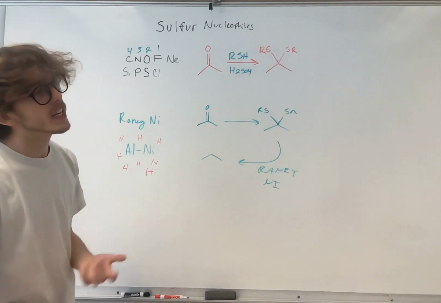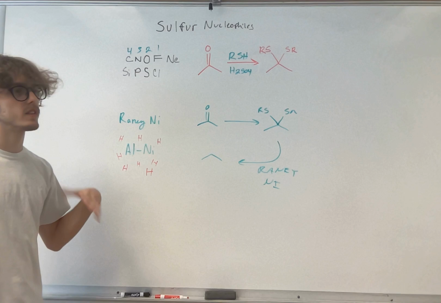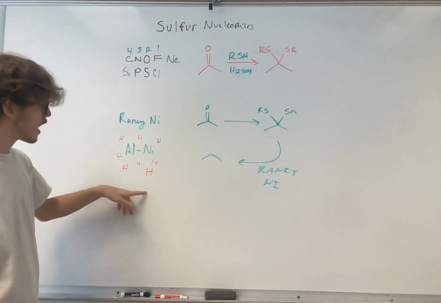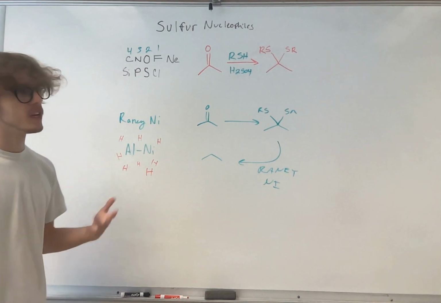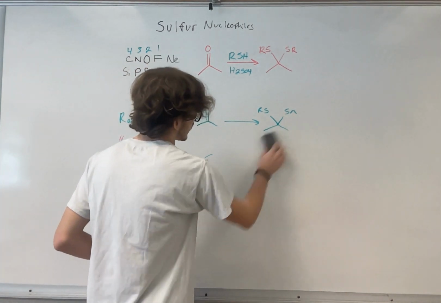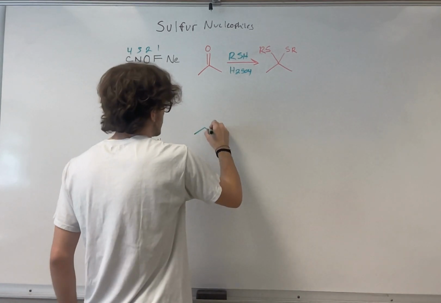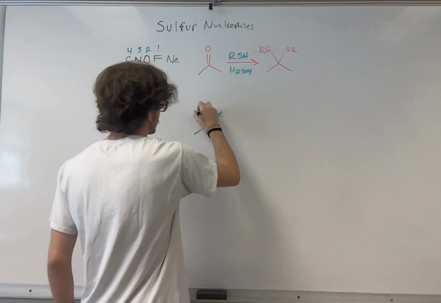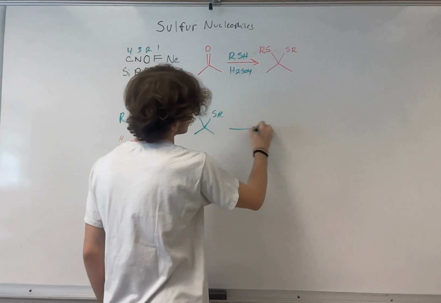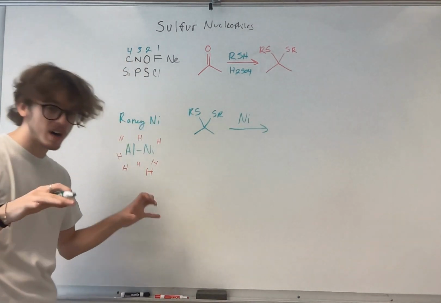So what is Raney nickel? Well, it's an aluminum nickel complex catalyst. And what's going to happen is there's a bunch of hydrogens, and you don't need to know the mechanism for this class, but I'll kind of explain what goes on. And me, myself, I don't really know, but here's the best way I can explain it. So we take nickel, and the nickel, he's a little hungry guy.